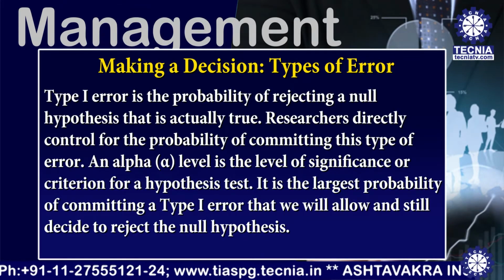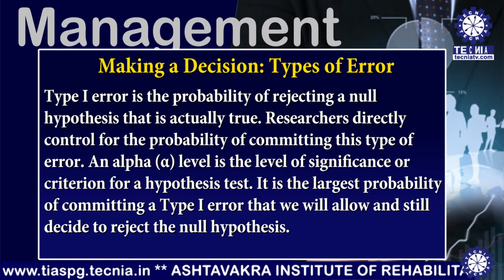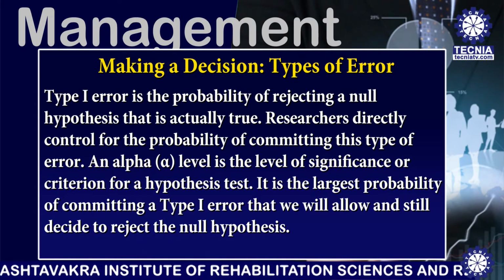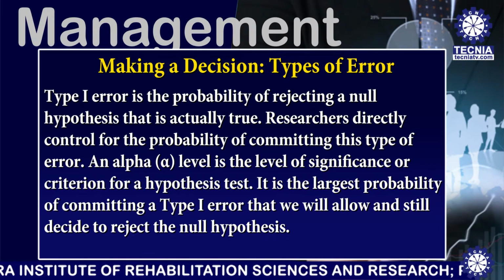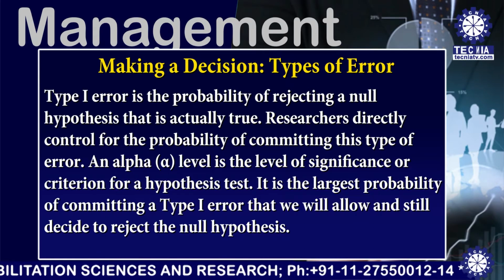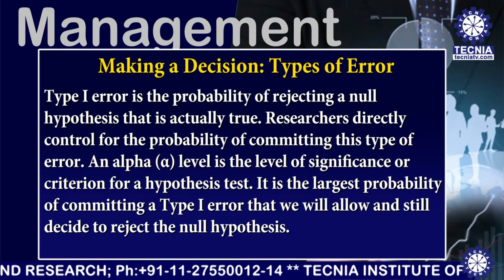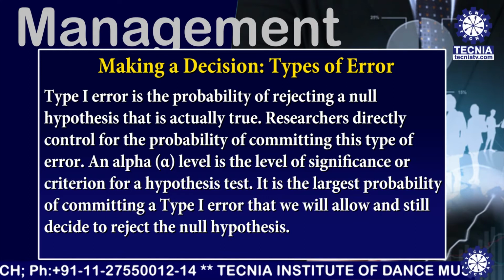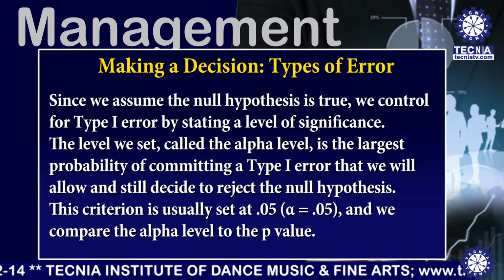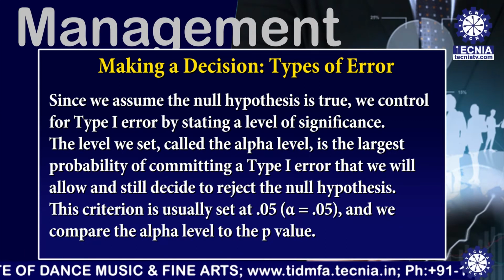Now, a type 1 error is the probability of rejecting a null hypothesis that is actually true. Researchers directly control for the probability of committing this type of error. An alpha level is the level of significance or criteria for a hypothesis test. It is the largest probability of committing a type 1 error that we will allow and still decide to reject the null hypothesis. Since we assume the null hypothesis is true, we control for type 1 error by stating a level of significance.